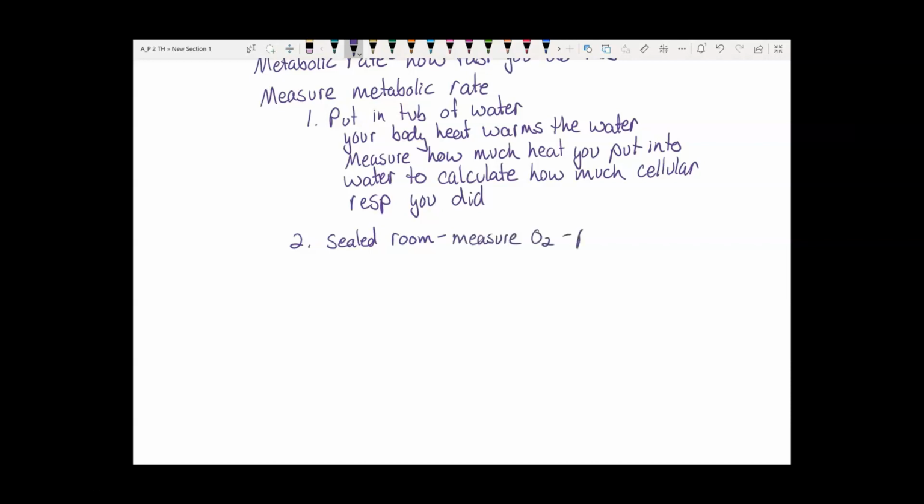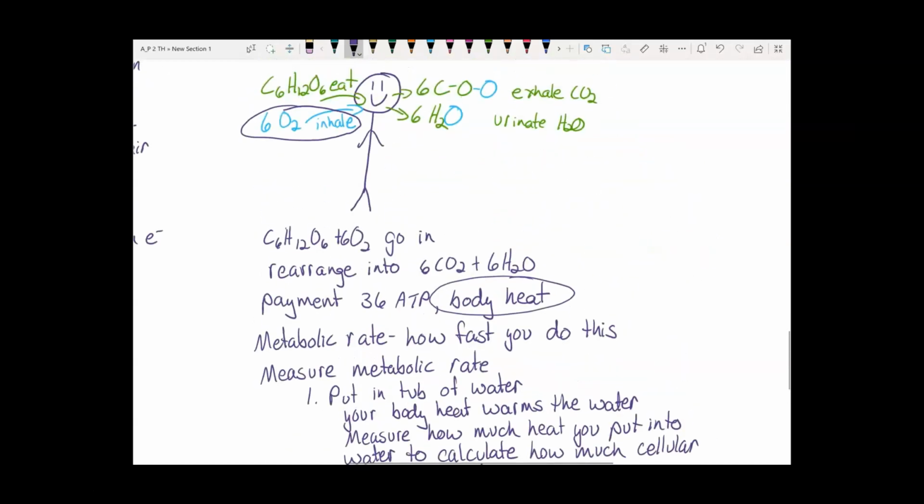So they measure the oxygen, they put you in the room, and they measure how much oxygen you take out of the air. Because every time you do cellular respiration, you're using 6 oxygens. So they can calculate how many oxygens you took out of the air and then know how much cellular respiration you did.